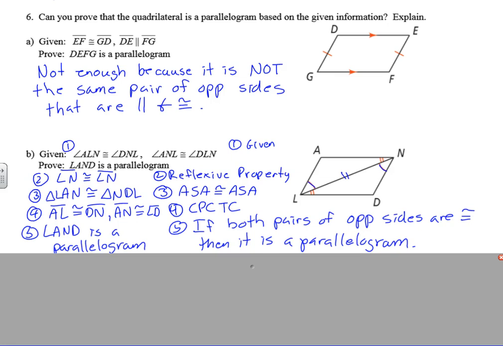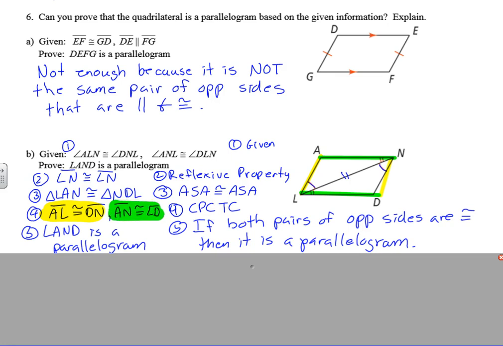So at this point, we've got triangle LAN congruent to triangle NDL because angle side angle is congruent to angle side angle. Well, what does that allow us to do? Well, what that allows us to do is it allows us to say that AL and ND are congruent to each other, and it also allows us to say that AN and LD are congruent to each other.